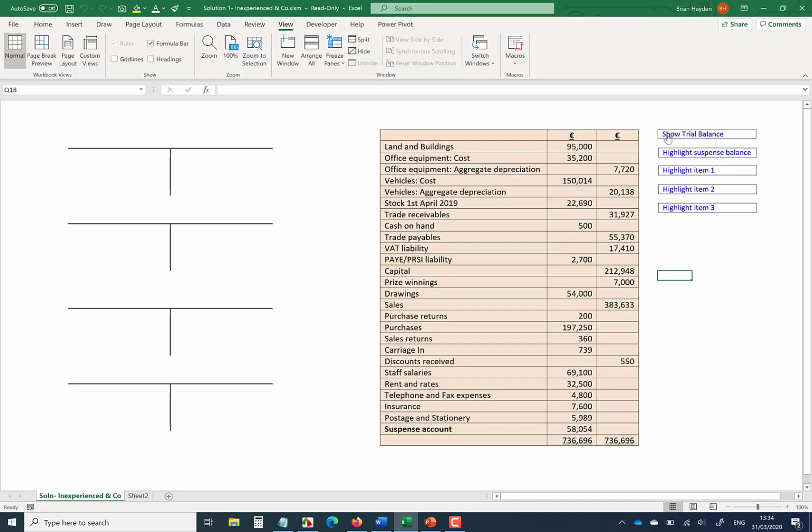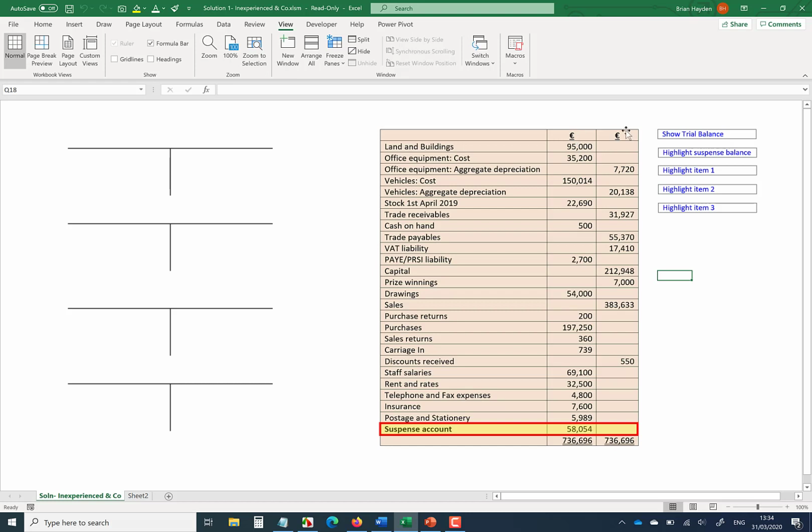So on the solution, I just replicated the trial balance here, and we've got our 58,054 displayed at the base there, so I'll just highlight that again. And what we need to do is use our knowledge of assets, liabilities, income, expenses, capital and drawings to identify whether each item in the trial balance has been placed in the correct column.